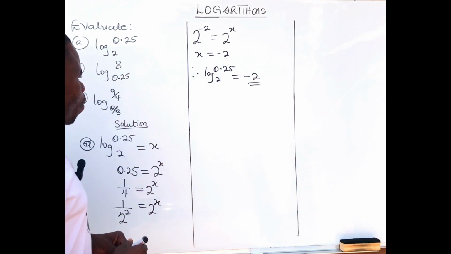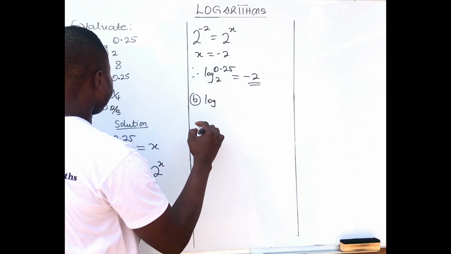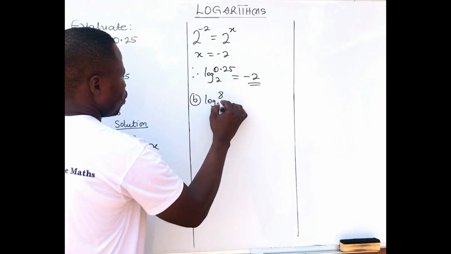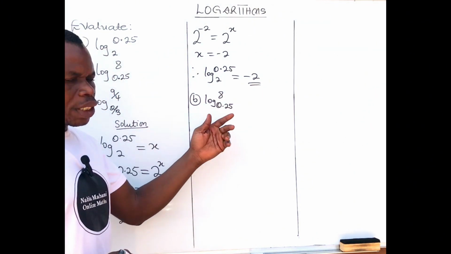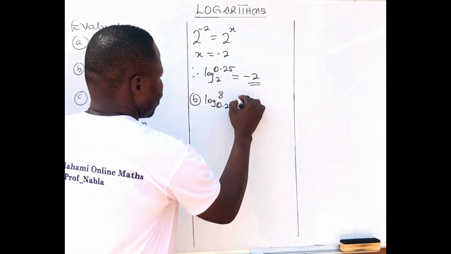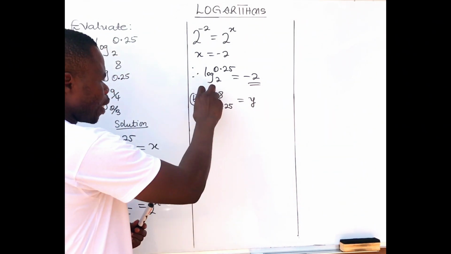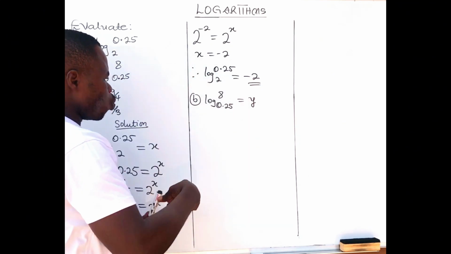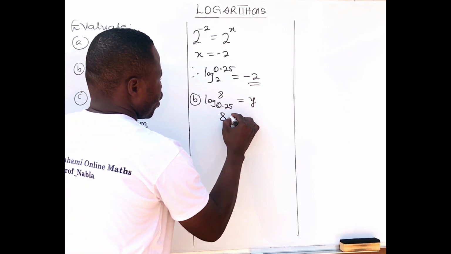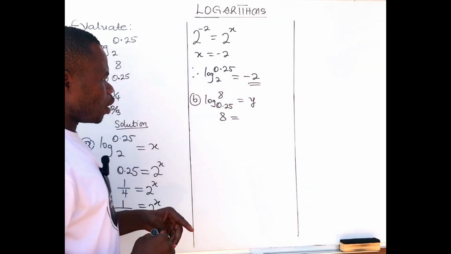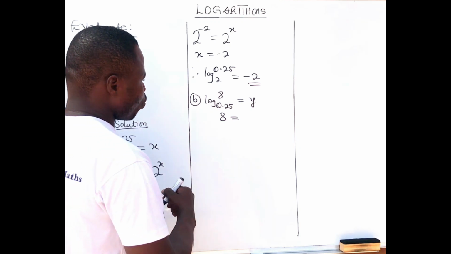Let's take B. We have log 8, where 0.25 is the base. Then I'll equate everything to a variable. Let's say this is equal to y. By taking the log away, 8 will come down, and 0.25, which is the base, will switch to the right hand side, and y will now be the exponent of that.